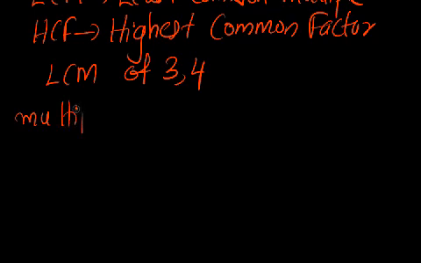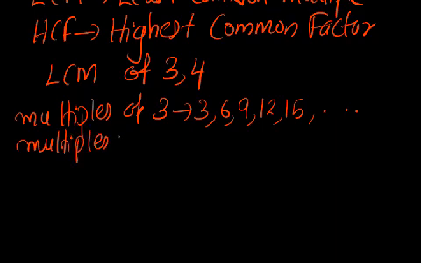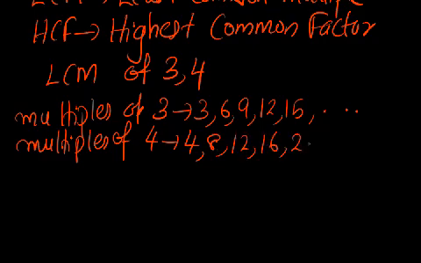Multiples of 3 are 3, 6, 9, 12, 15, etc. 3 into 1 is 3, 3 into 2 is 6, 3 into 3 is 9, and so on. Similarly, multiples of 4 are 4, 8, 12, 16, 20, 24, etc.